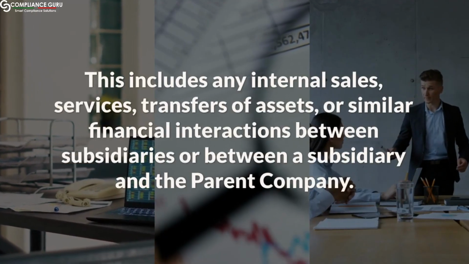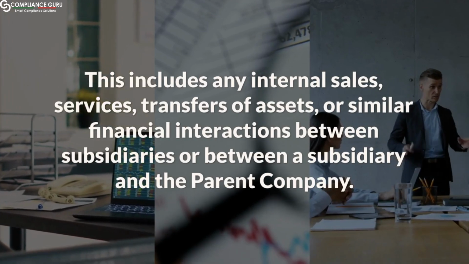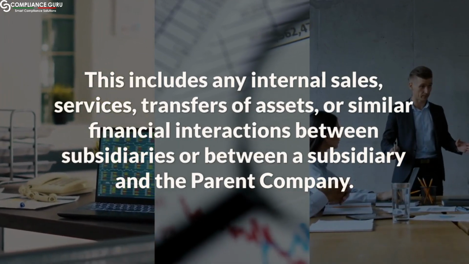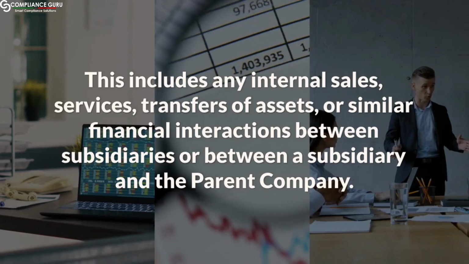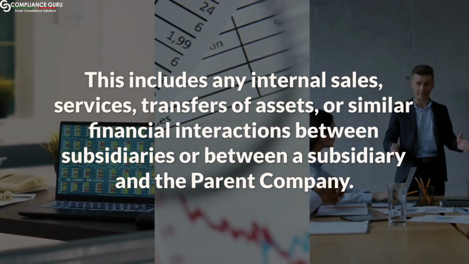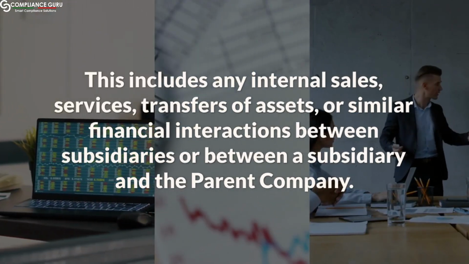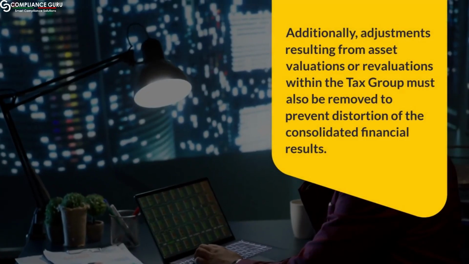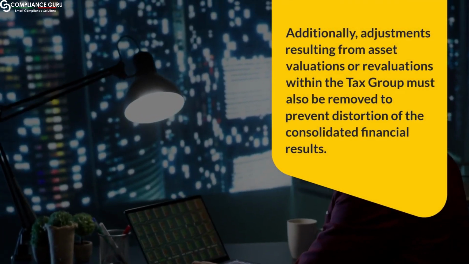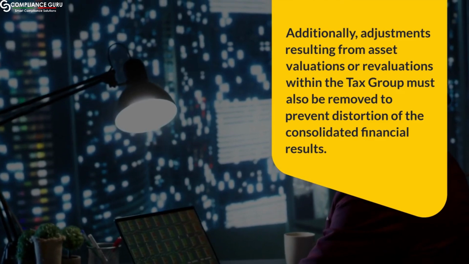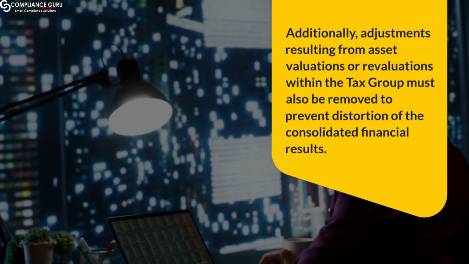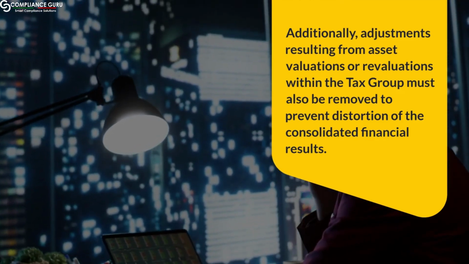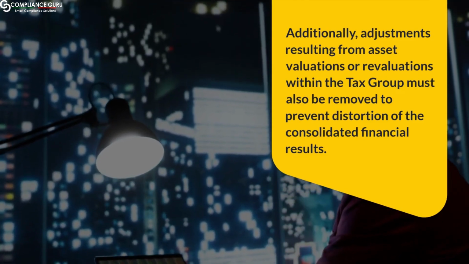This includes any internal sales, services, transfers of assets, or similar financial interactions between subsidiaries or between a subsidiary and the parent company. Additionally, adjustments resulting from asset valuations or revaluations within the tax group must also be removed to prevent distortion of the consolidated financial results.